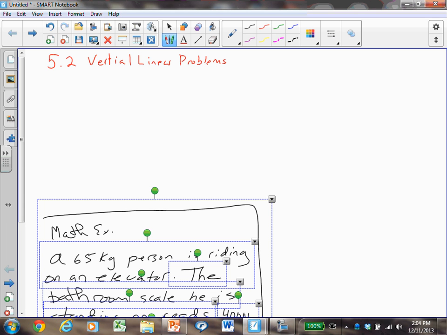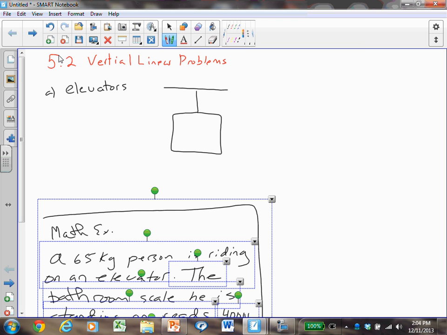The first type we're going to look at are elevators. So an elevator is just a rope pulley system pulling up a person that's traveling upward.